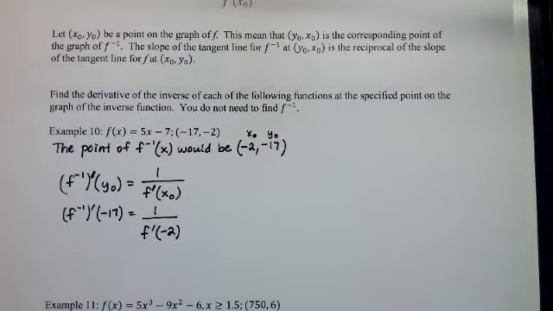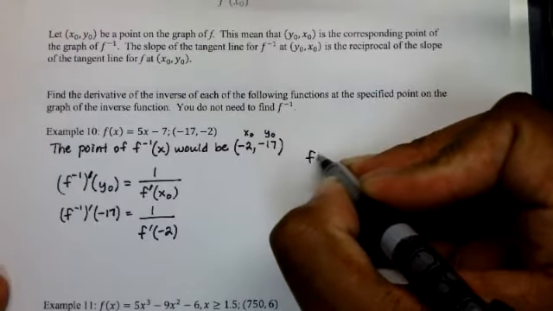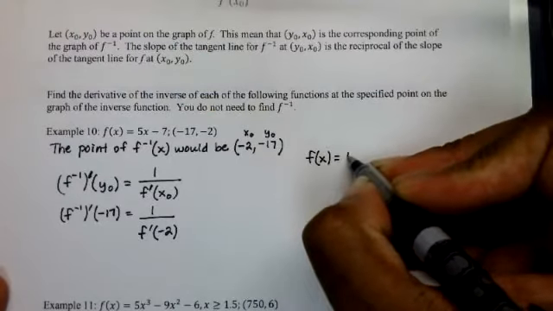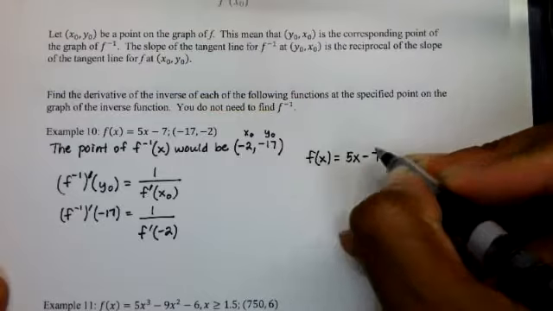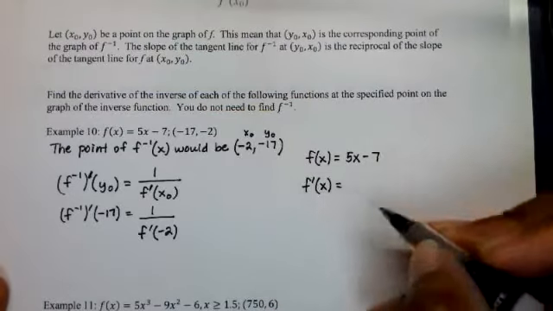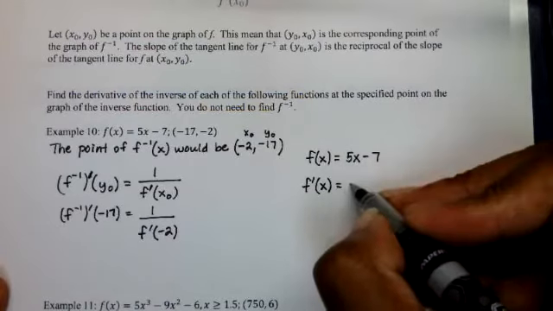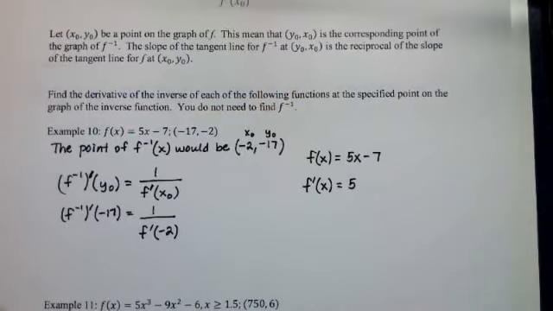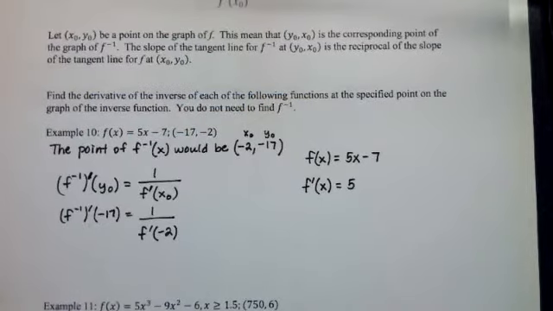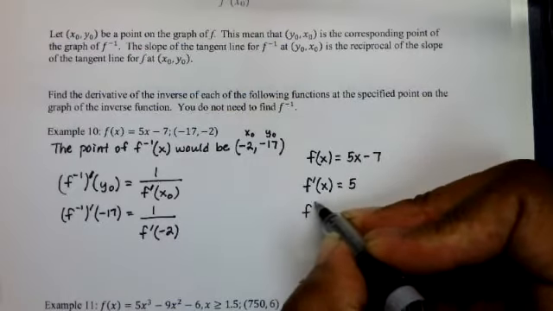First of all, we need to find the derivative of f of x. Since f of x is 5x minus 7, f prime of x is simply 5. Now we can find f prime of negative 2.